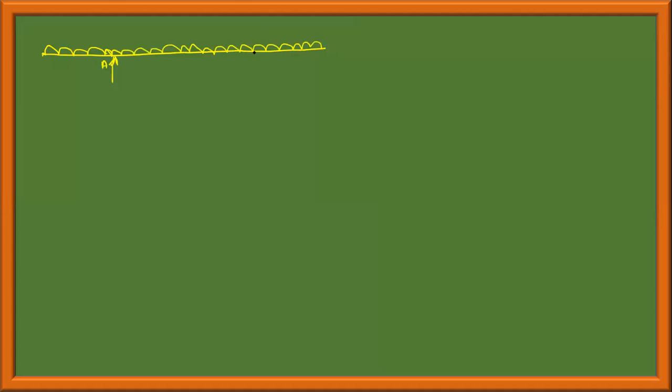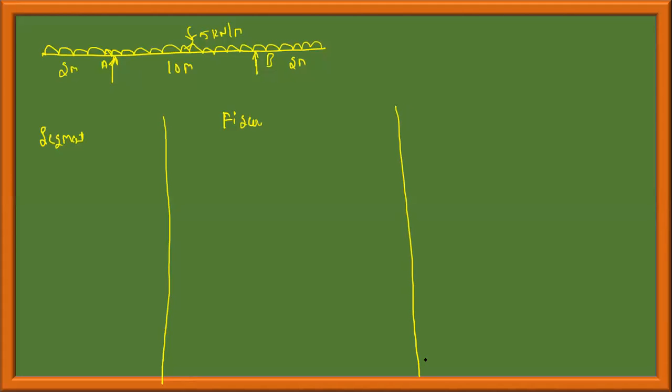A, B, 10 meter, 2 meter, 2 meter, 5 kilonewton per meter, right? Figure, shear force and bending moment.